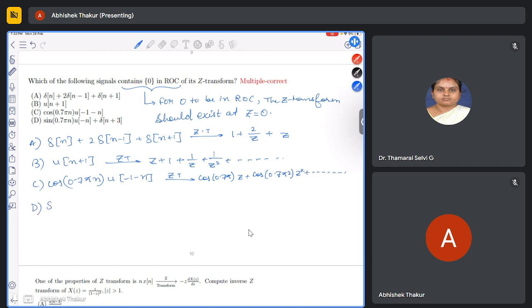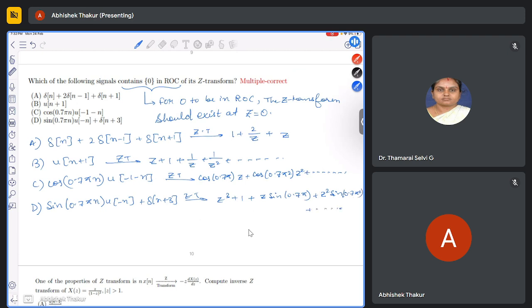Now option D is sin(0.75 pi n) u[-n] + delta[n+3]. So for delta[n+3], that will become z^3 + 1 + z sin(0.75) + z^2 sin(0.75 pi) and so on.